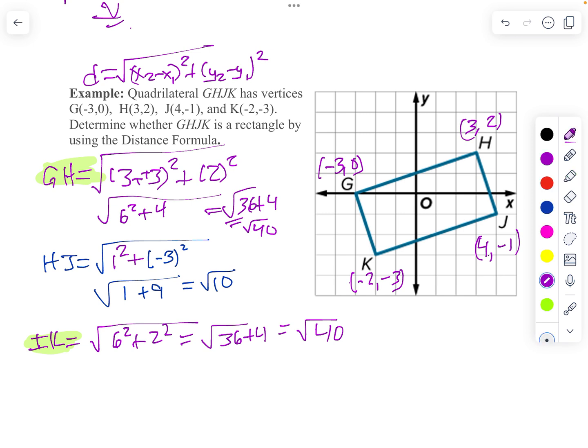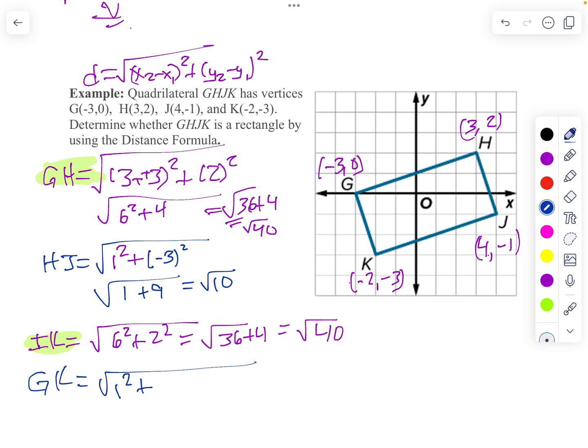Now let's find G to K. We'll subtract our x's again. So I'll say negative 2 minus a negative 3. Well, that will be 1. And then we'll say negative 3 minus 0.